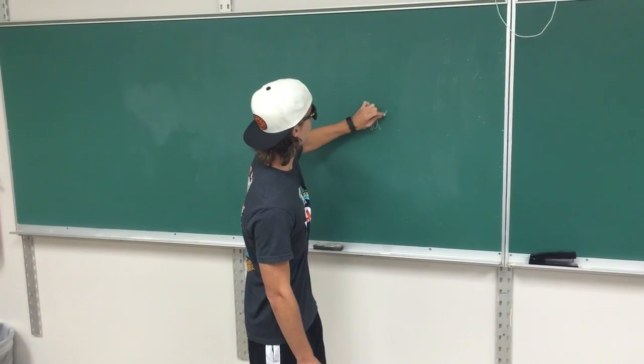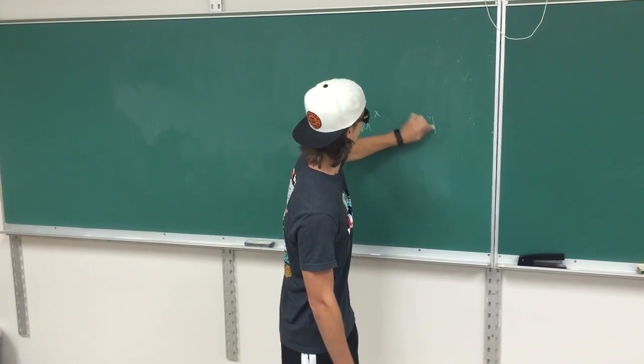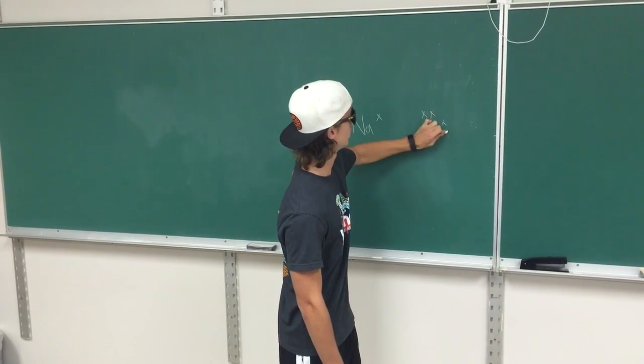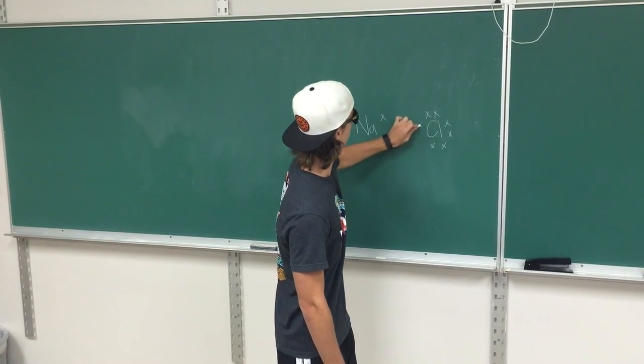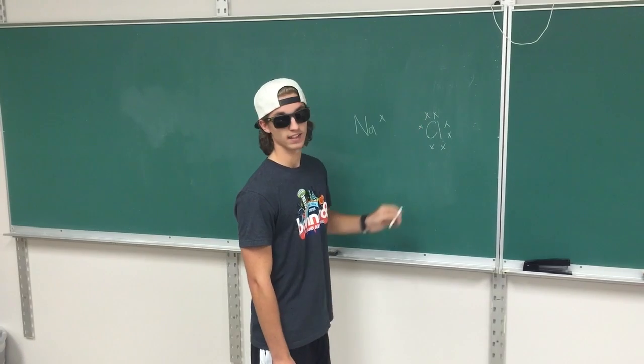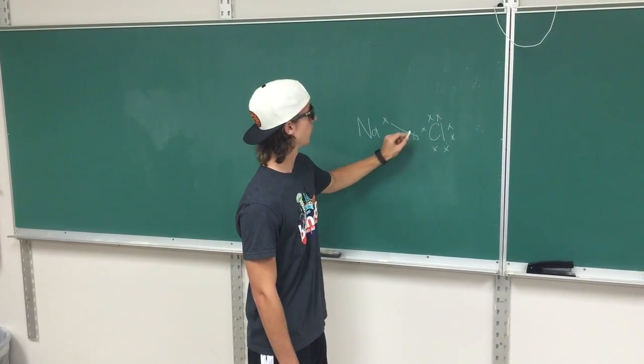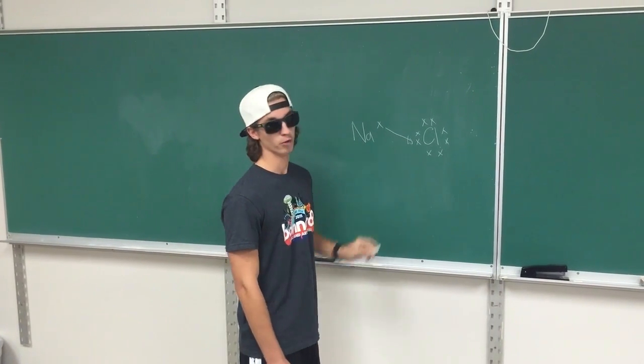Sodium has one electron in its outer shell, while chlorine has 7 electrons in its outer shell. Chlorine wants to get 8 electrons in its outer shell, so sodium will give up 1 electron, and they will both become stable.